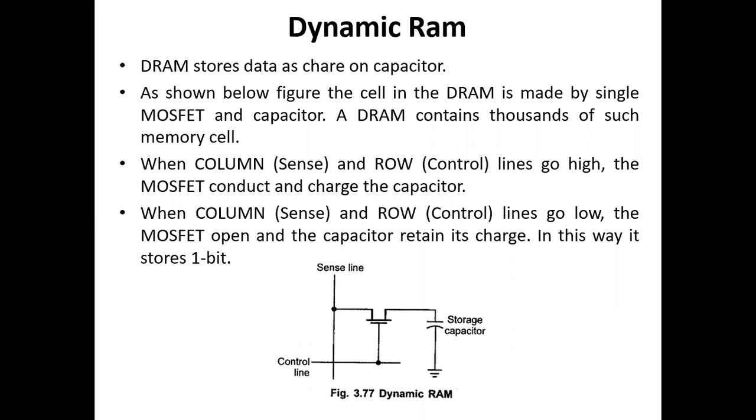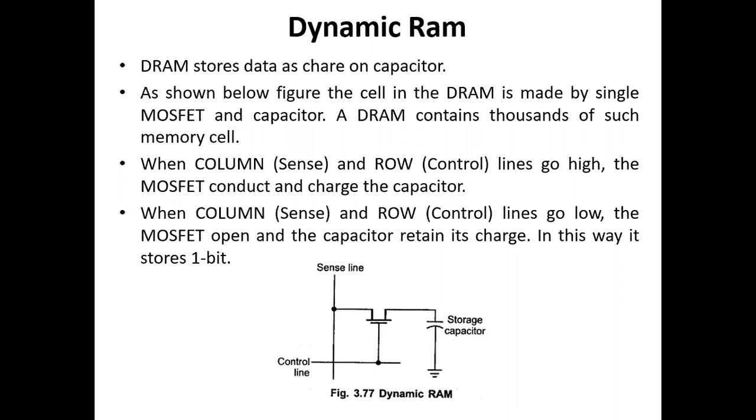So the next one is dynamic RAM. Dynamic RAM stores the data as charge on a capacitor. As shown in the figure, the cell in the DRAM is made by a single MOSFET and a capacitor. A DRAM contains thousands of such memory cells.